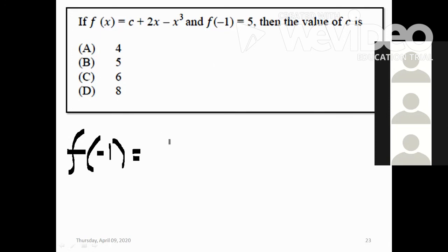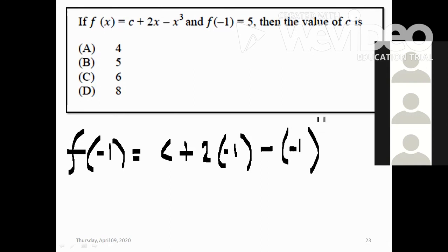So seriously, put -1. Tell me what you get. Okay. So work out this.